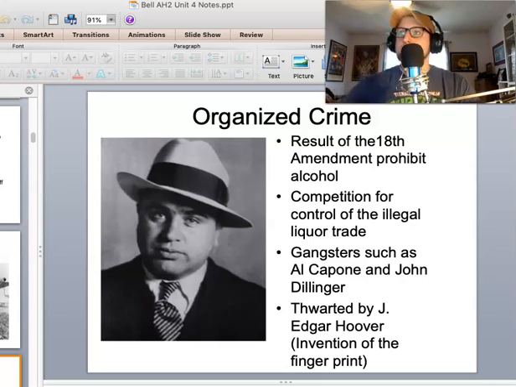So, let's talk about a few of the famous ones here. There's Al Capone. Al Capone is the biggest criminal of his time. He's eventually thwarted by J. Edgar Hoover. Al Capone makes most of his money off of selling alcohol illegally after the 18th Amendment, the period of time between the 18th and the 21st Amendment called Prohibition.